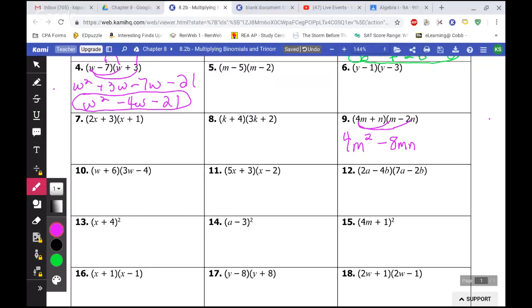So that's going to be negative 8mn. And now we're going to do inner, which is going to be n times m, but I want to keep them in alphabetical order, so I'm going to put mn. And then we've got last, which is n times negative 2n.